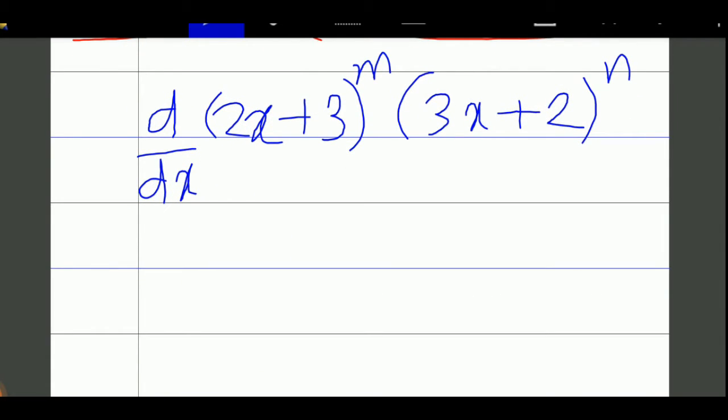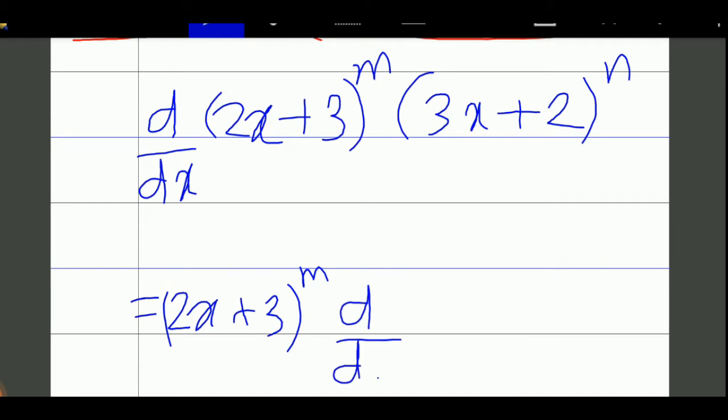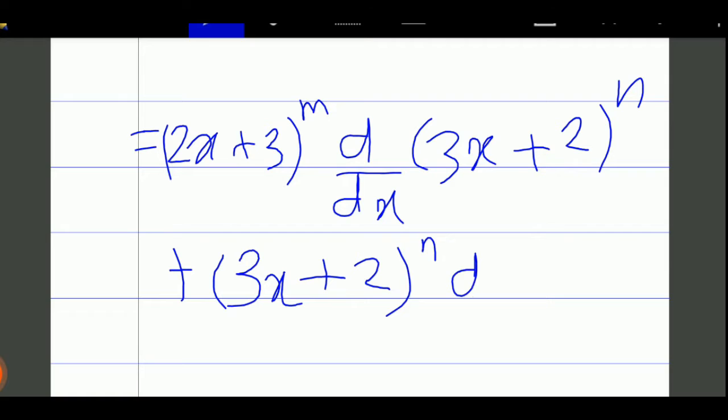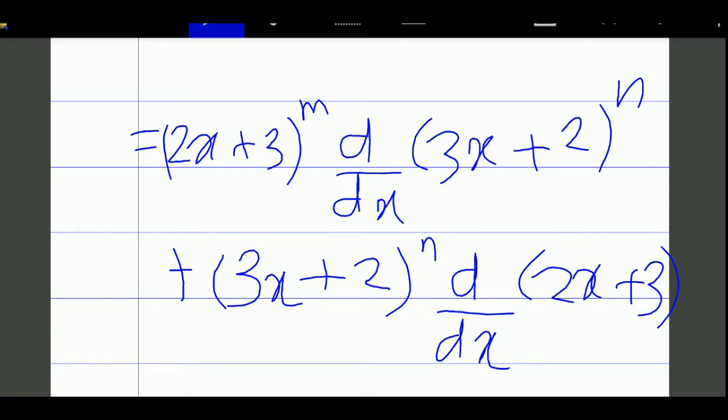It becomes (2x + 3)^m, constant, into differentiation of (3x + 2)^n, then plus (3x + 2)^n into differentiation of (2x + 3)^m.